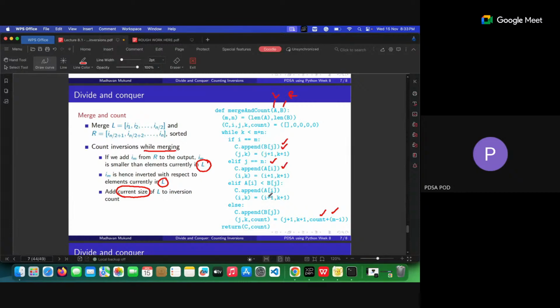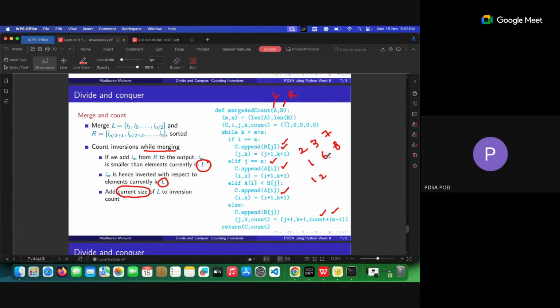For example, if A is less than B, meaning the left partition element is less than the right partition element, we append A of I, from the left partition, first. Take the sorted order already given, like 2, 3, and 7 in the left and 1, 6, and 8 in the right. While adding 1 and 2 it is okay.